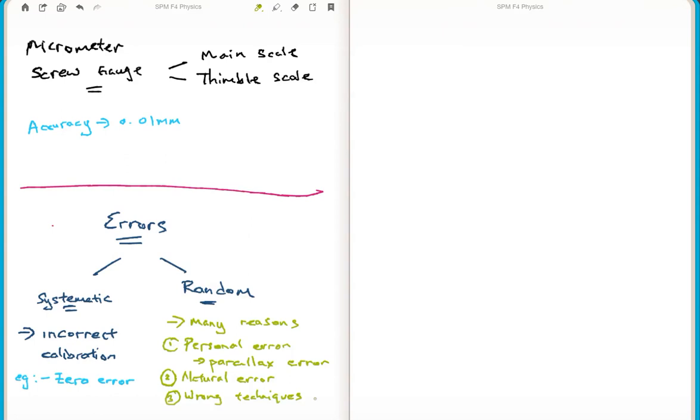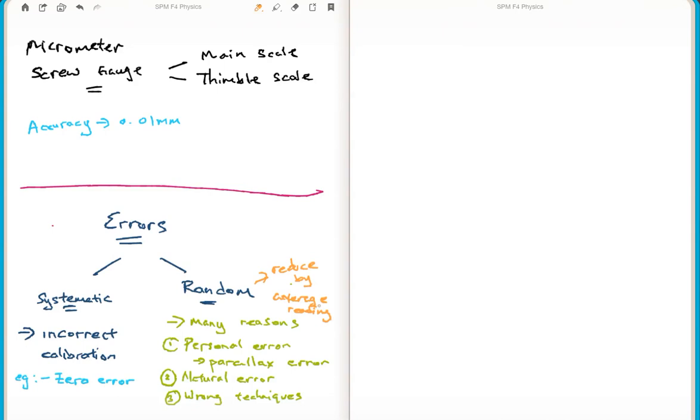Okay, so how can you reduce it? Can you reduce it? Yes. Random error, you reduce by taking several readings and averaging them, meaning you do it a few more times.